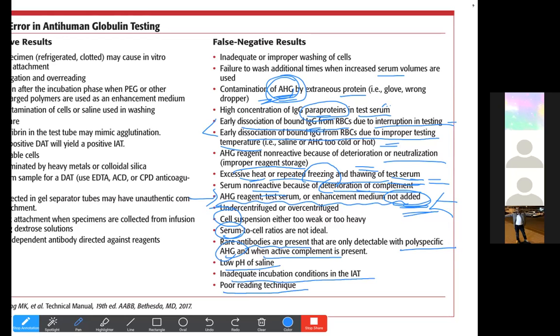So if you have poor reading techniques and inadequate incubation conditions in the IAT, starting first with the spinning, the centrifugation, and if you fail to resuspend it, and also if there are problems in the RBC reagent cells, and then problems in the serum, and then problems with the AHG reagent.